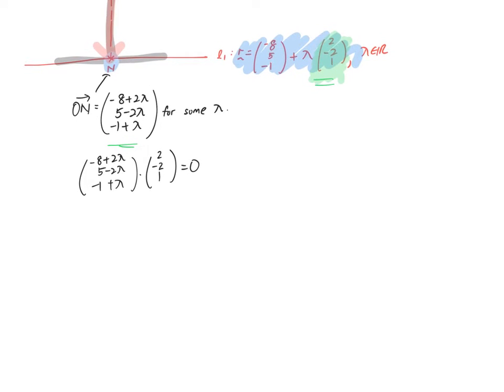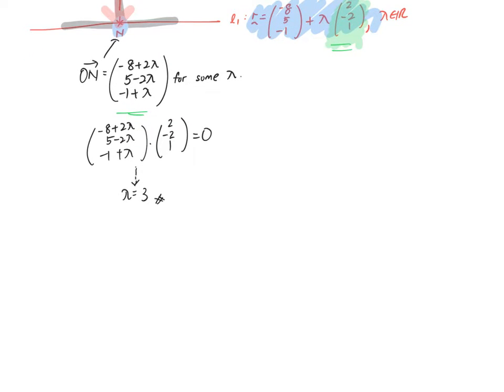Just solve this by yourself. I'm sure you'll be able to obtain that lambda equals 3. And what do you get from this? You just take lambda equals 3 and sub it back here, and you're going to get your ON.